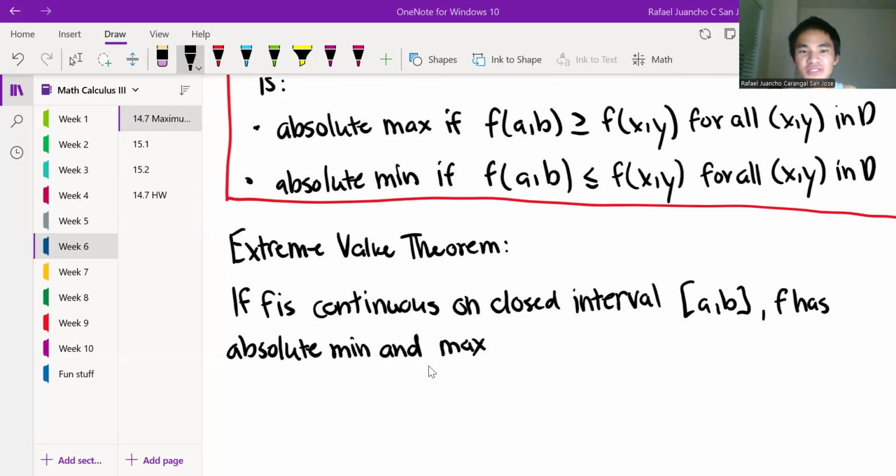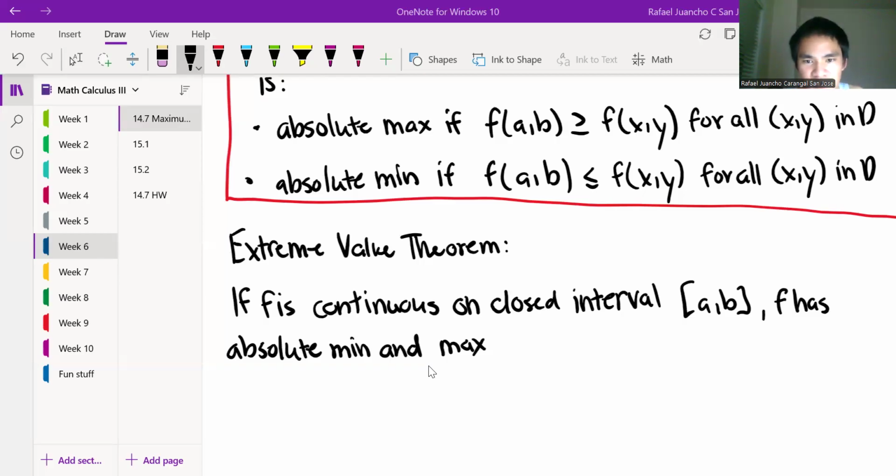So just as a closed interval contains its endpoints, a closed set in R squared is one that contains all its boundary points, right? So a closed interval also has endpoints, and it contains boundary points.